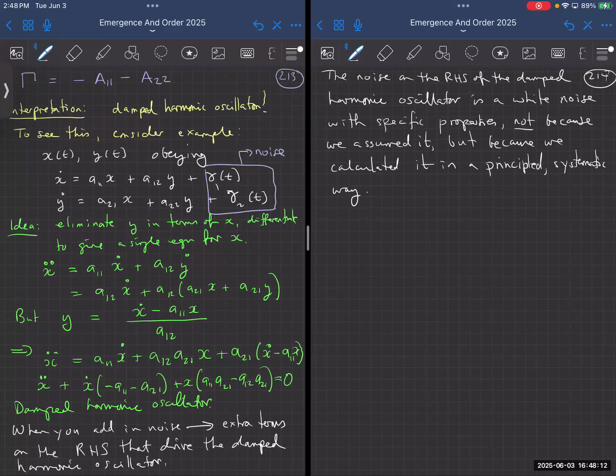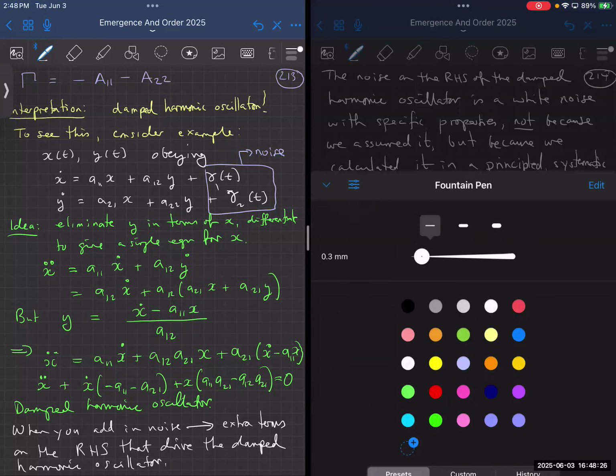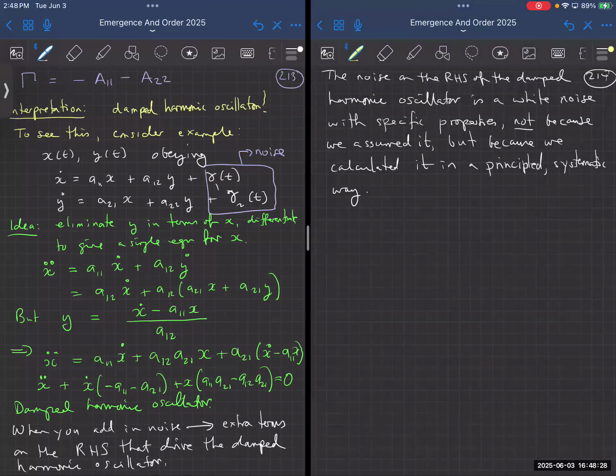Okay, so now here's the thing. I've got a damped harmonic oscillator. It has a particular frequency. It's got a natural frequency. It is being driven by what? By some sort of white noise. That white noise is going to excite all the frequencies. So the white noise will excite all the frequencies because it's white noise.